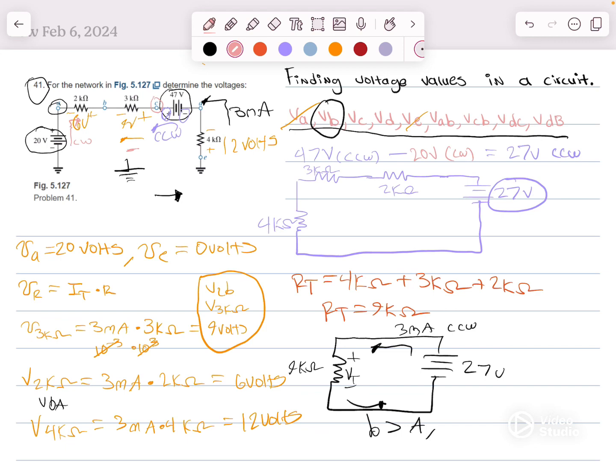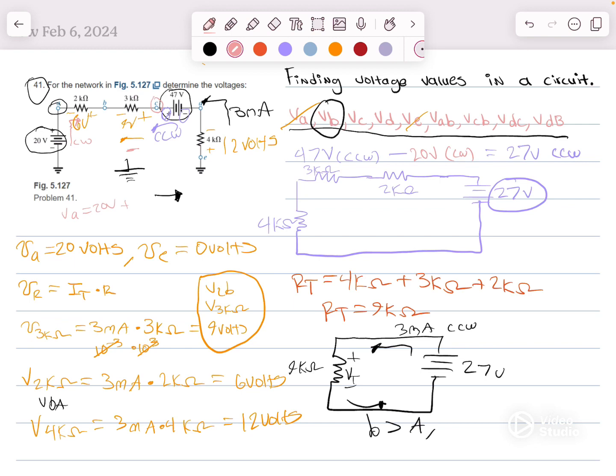Knowing that I'm dropping voltage across my resistors when going counterclockwise, if I was to go clockwise, the opposite is true. So if I'm starting at A at 20 volts, instead of dropping 6 volts, I'd go up 6 because of what I know about the current. So an equation I can write is VA is equal to 20 volts.